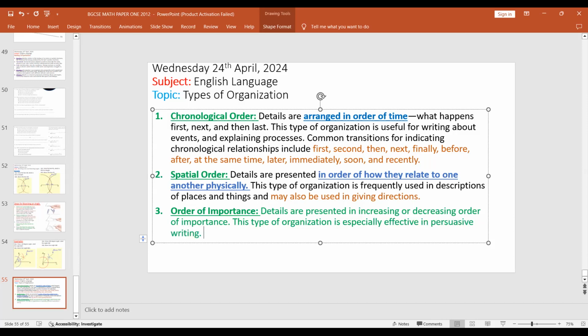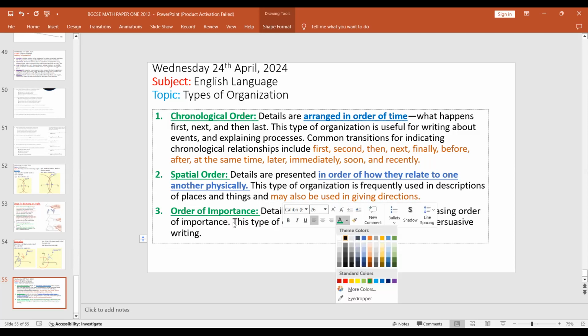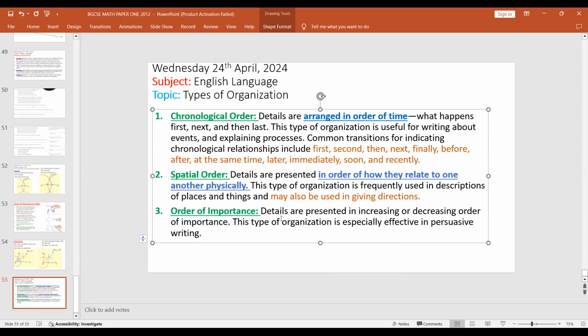When you're writing persuasive essays and trying to persuade the reader of a particular point of view, you may want to present your most important argument first, or leave it last, presenting them in order of either increasing or decreasing importance.